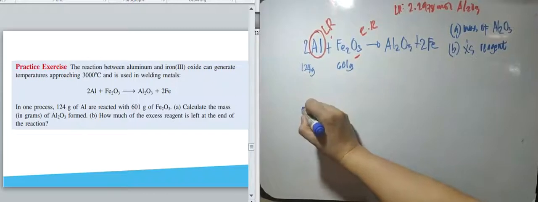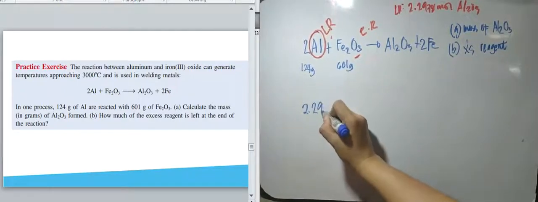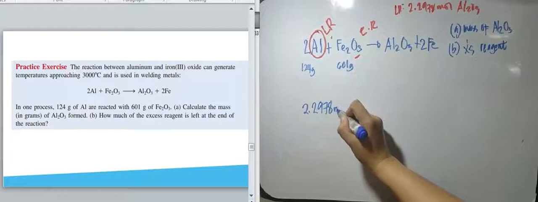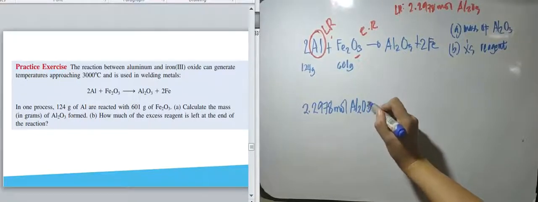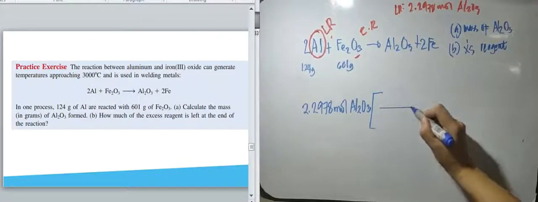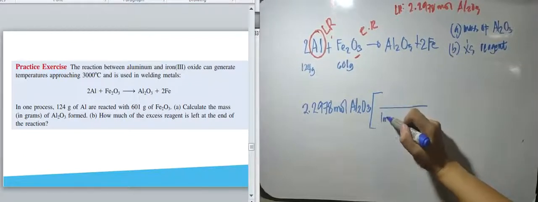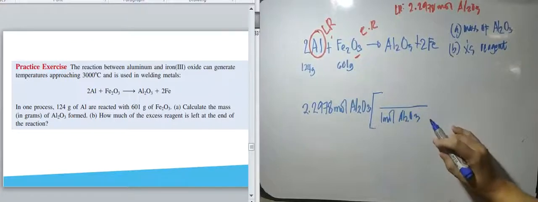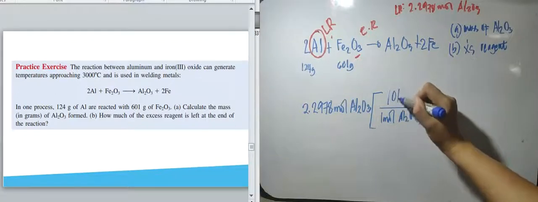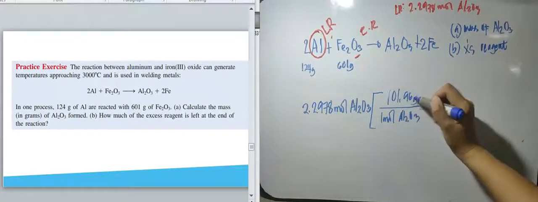So therefore, 2.2978 moles of Al2O3, 1 mole Al2O3 has 101.96 grams.